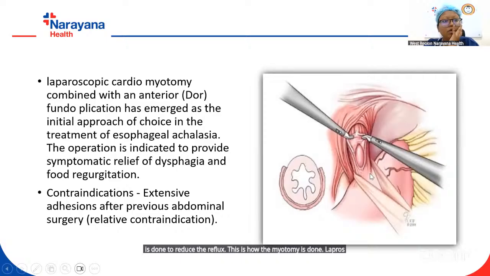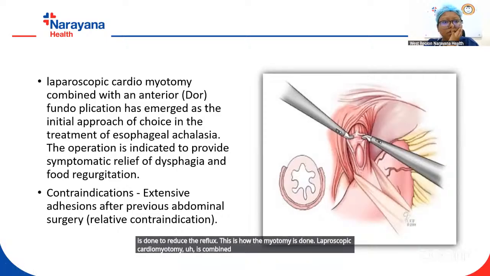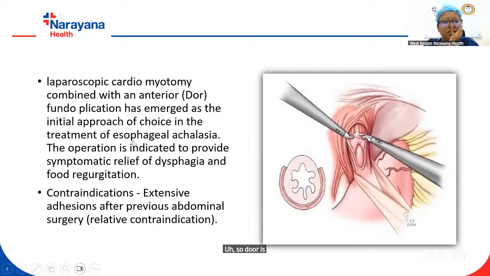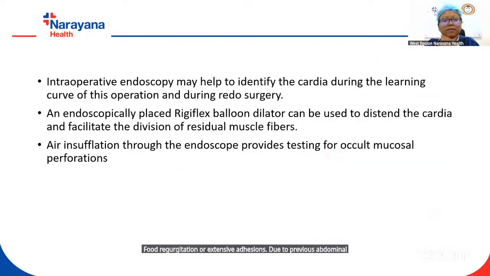Laparoscopic cardiomyotomy is combined with Dor fundoplication. Dor is the preferred initial approach of choice, and it provides symptomatic relief of dysphagia and food regurgitation. Contraindications are extensive adhesions due to previous abdominal surgery.